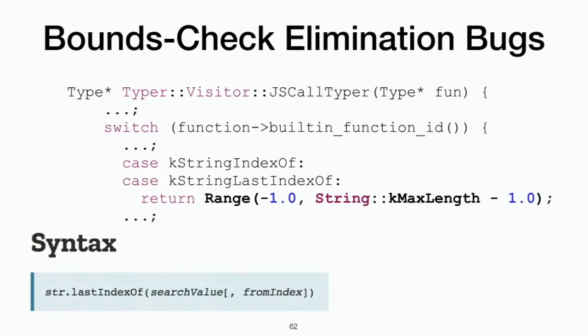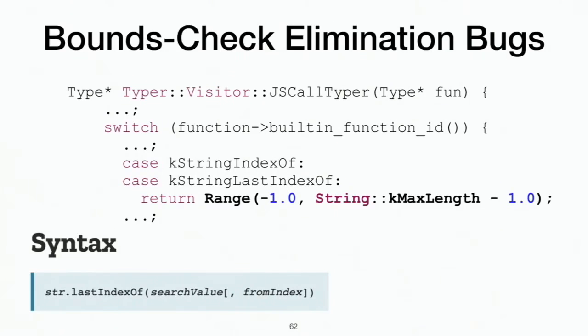So there's this function called string.lastIndexOf. You can call it on a string. What it does is you give it a search value and it tells you the last index where this search value occurs in the string. So you might be searching for a character or whatever. Now the V8 engine tried to essentially inline this call to this function, and it would try to predict the output value of that call.